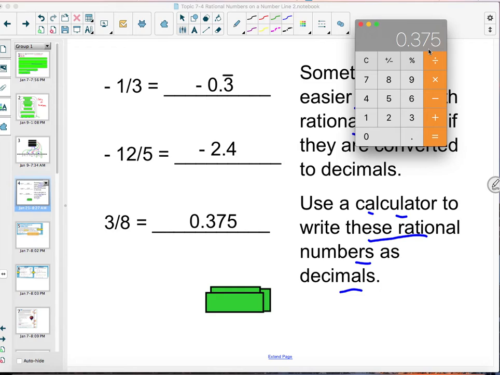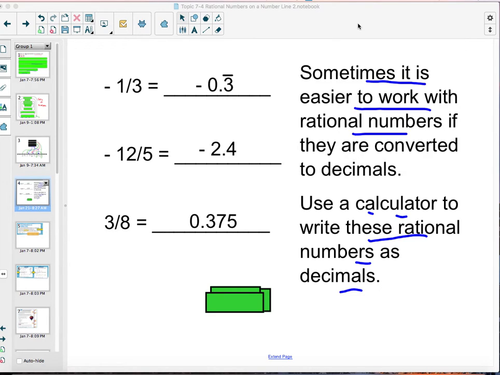So, whenever you are working with rational numbers, it is often easier to convert them to decimals, especially if you're going to compare them on a number line.